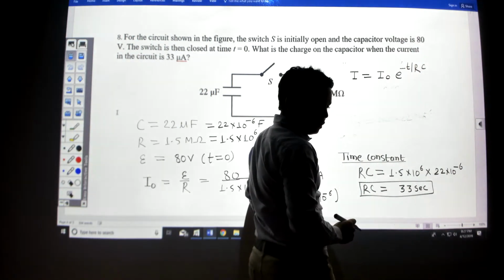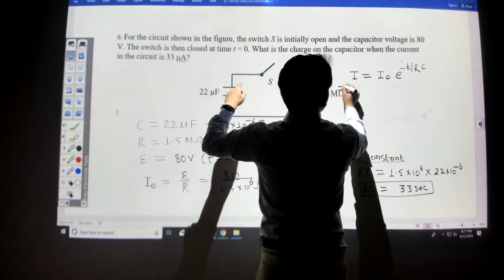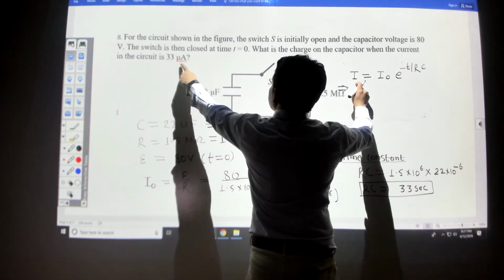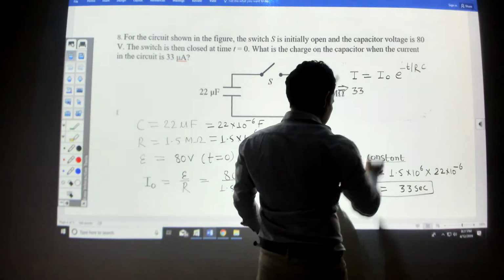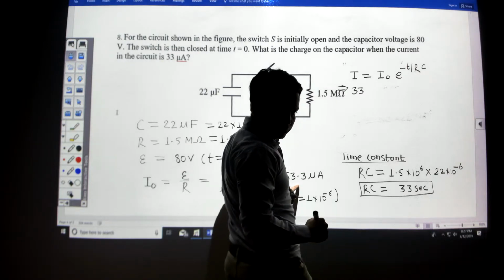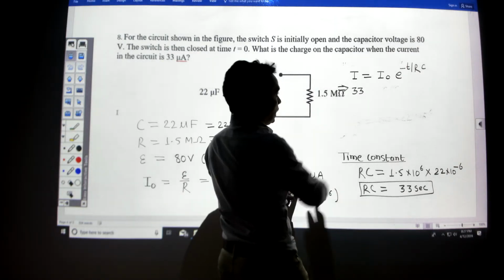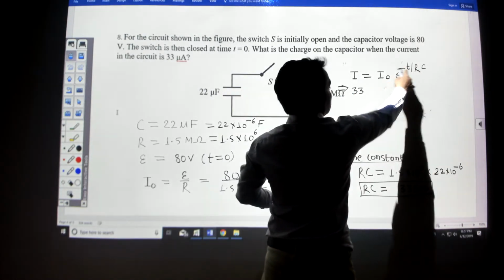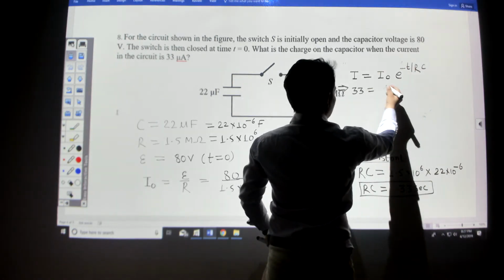My goal is to solve for t, because we have to find out how long it takes to get the current to 33 microampere. Initially we started with the current which is 53.3 at time t equals to 0, and at a certain point of time you have 33. So that's the time I'm finding out.